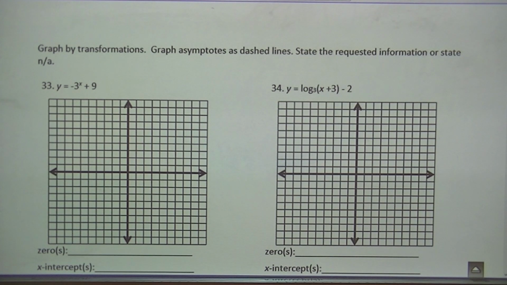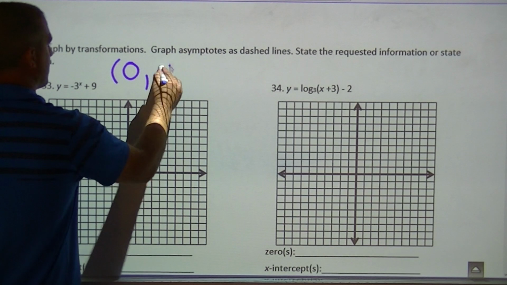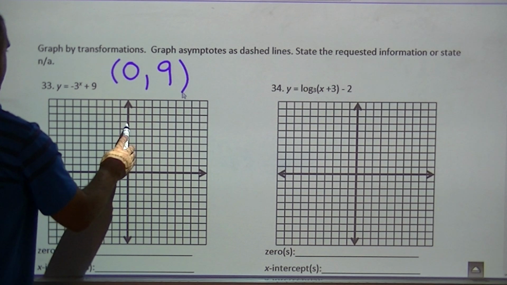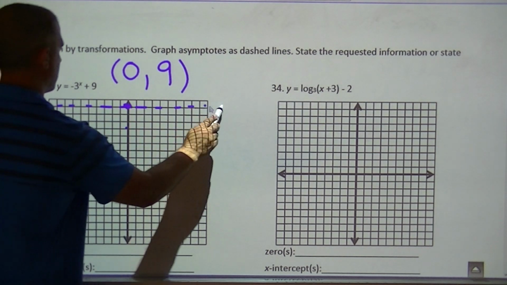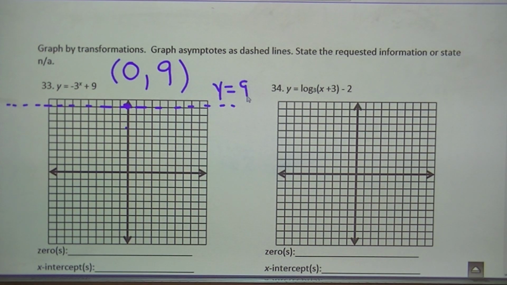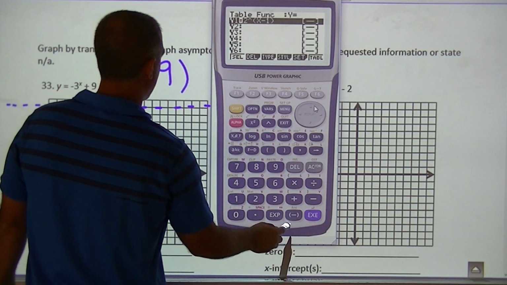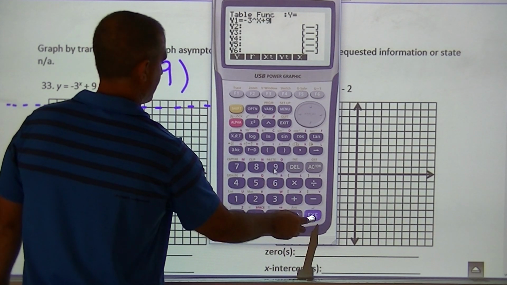Number 33. So my anchor point here would be 0, 9. I would have 0, 9, so 1, 2, 3, 4, 5, 6, 7, 8, 9. I've got this that goes through. That's a y equals 9 based equation. So when I go into the table, I go -3 to the x, plus 9.